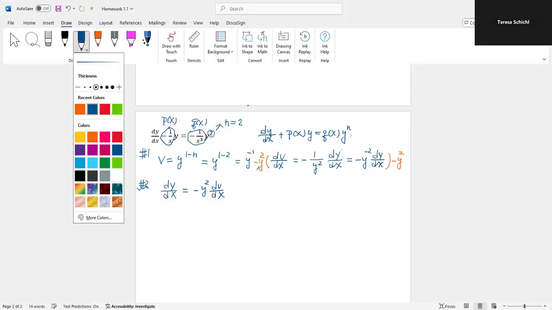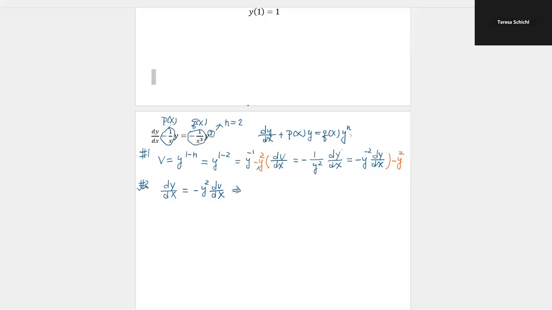After I did this, I can substitute dy dx into my original equation. So for dy dx, this is negative y squared dv dx, then minus 1 over xy is equal to 1 over x cubed y squared.